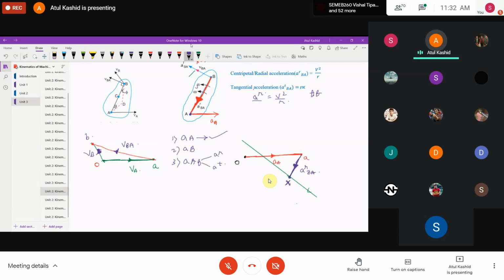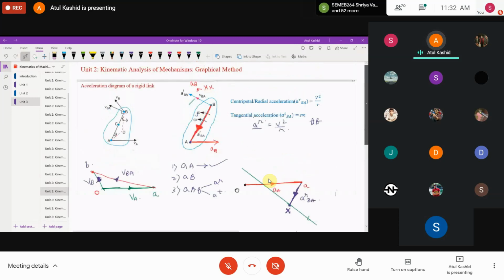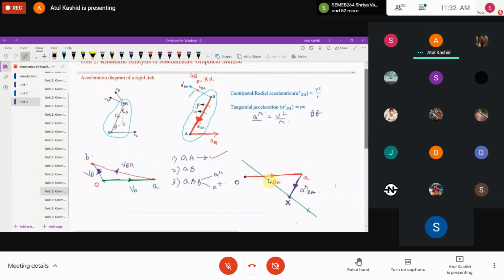we have to, from the point O, draw a line which will be parallel to the acceleration of B, right? Now the direction of the acceleration of B is already given over there. So here I will show the direction. It was like this, right? I will try to draw with some other color.